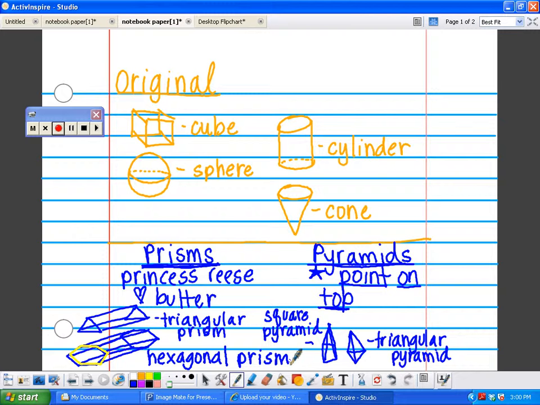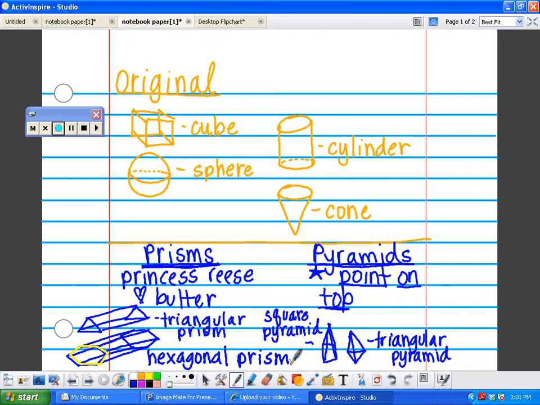Okay, I'm going to hold up a few shapes and I'm going to see if you can name them for me. And then we're going to look at your book on numbers 8, 9, and 10. And we're going to see if we can count the faces, the edges, the vertices, and then the shapes of the faces. Look at all of these prisms. Remember Princess Reese? She likes sticks of butter. Look at all my prisms.